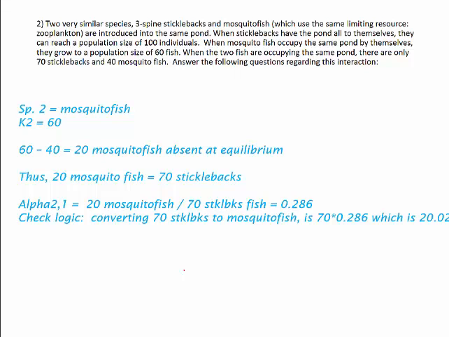And of course, our next step is to calculate what K2 divided by alpha 2-1 is, and that's going to be 60, our carrying capacity, divided by alpha. So this is our carrying capacity up here, K2, divided by alpha 2-1, which is written out for you down here. We got 60 divided by 0.286.